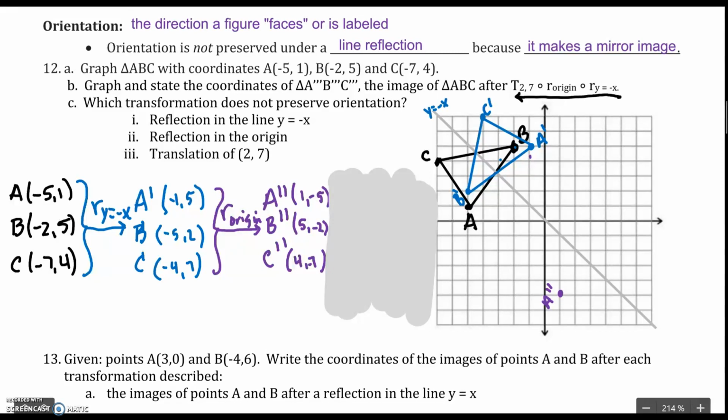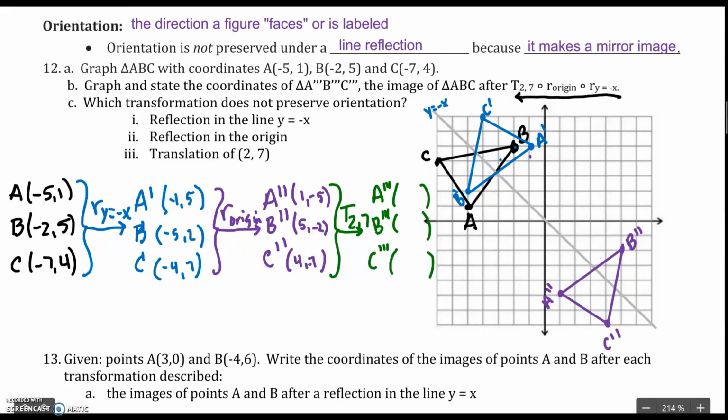B prime would go right 5, down 2. So 1, 2, 3, 4, 5, down 2. Same thing for C. You'd go right 4 and down 7. So right 2, 3, 4, and down 7. And then the final one will be the translation, which is 2, 7, which means right 2, up 7.